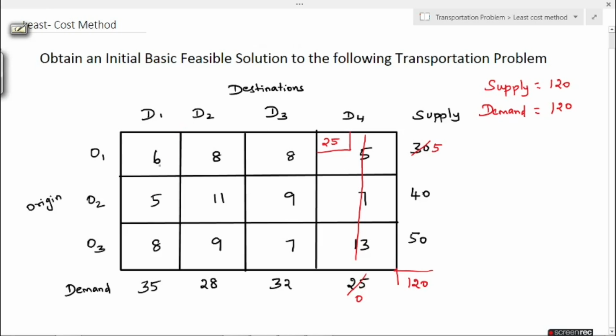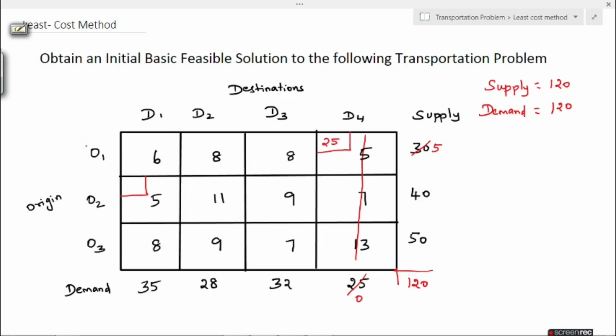Next, consider the remaining values: 6, 8, 8 in the first row, 5, 11, 9 in the second row, and 8, 9, 7 in the third row. Now consider the minimum, which is 5. So our next allocation is here. Consider the demand and supply for O2 and D1, that is 35 and 40.